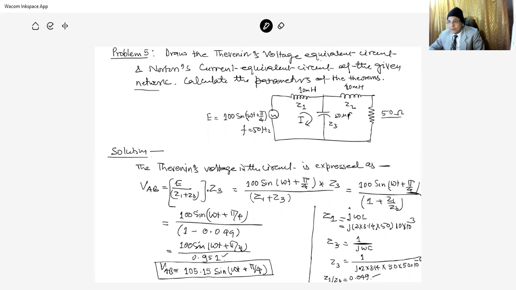So 100 sine omega t plus pi by 4 divided by 0.951 is 105.15 sine omega t plus pi by 4. So this is the Thevenin's voltage.